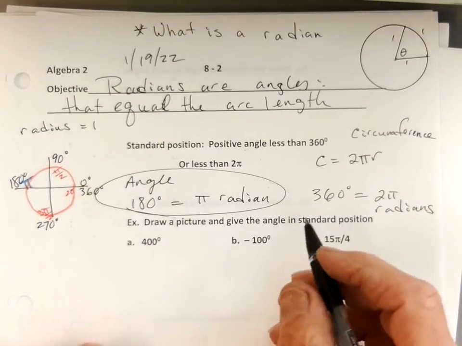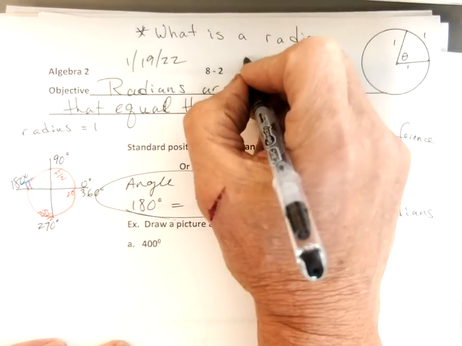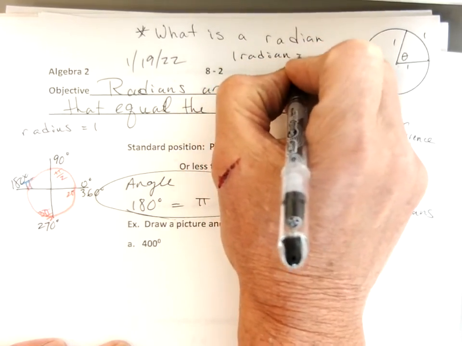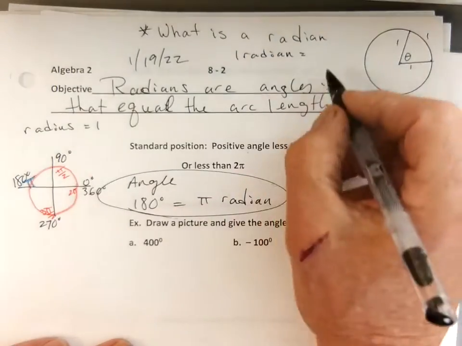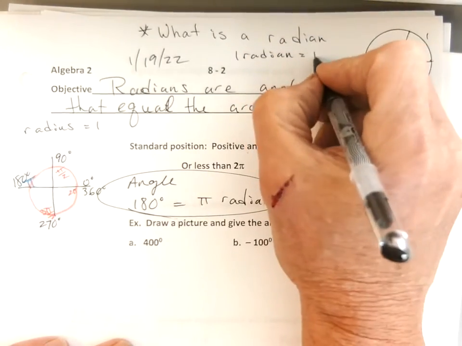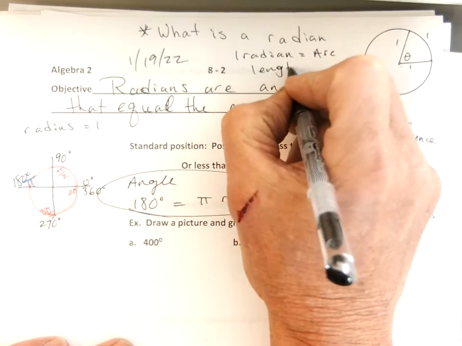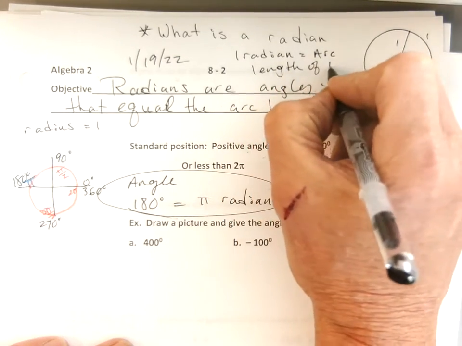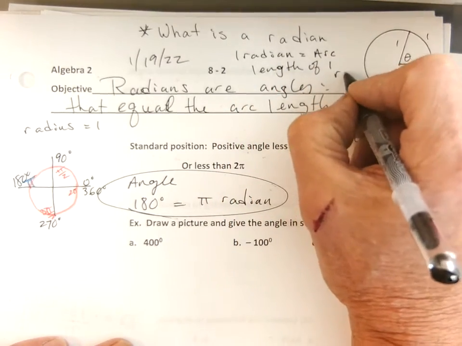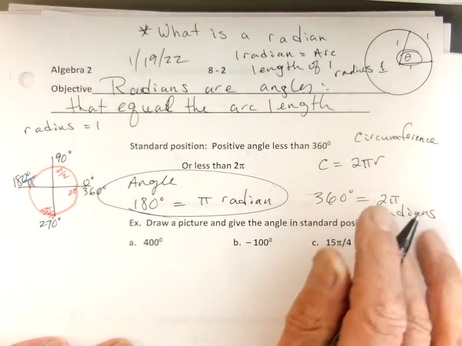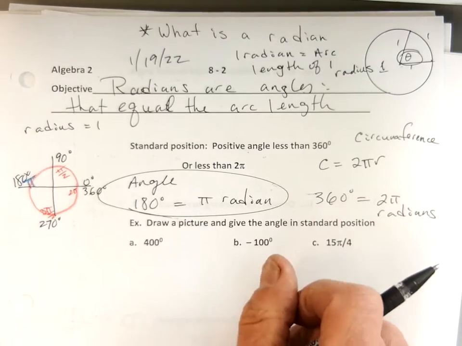So I know 1 radian up here is equal to an arc length of 1 with a radius of 1. So this angle right there, that's 1 radian.